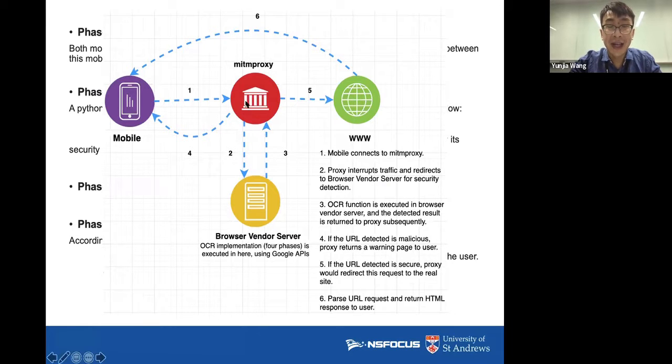This proxy will retrieve the URL and send it to the server, the OCR implementation will execute here and return the result to the proxy, and the proxy can redirect to the real site if the result is safe. Otherwise, it will return a warning page back to the mobile. So this is the whole implementation on the mobile platform.